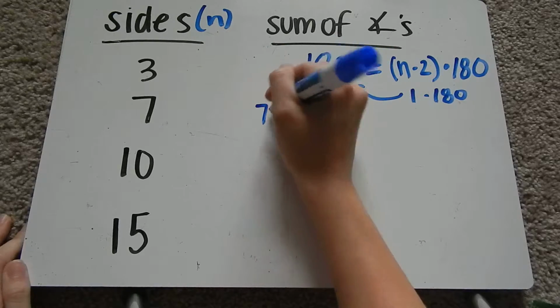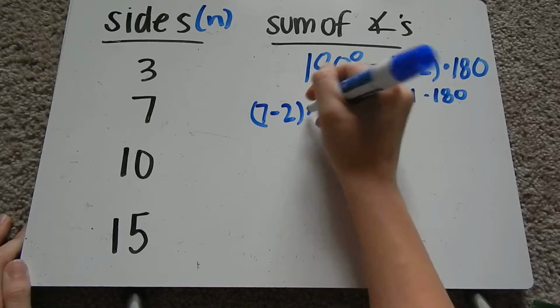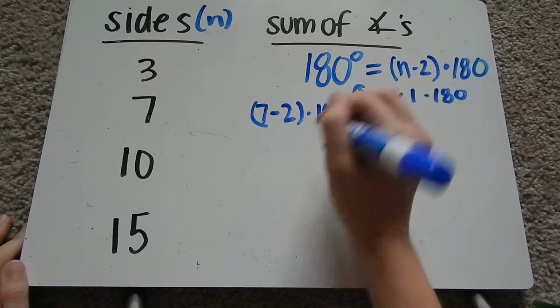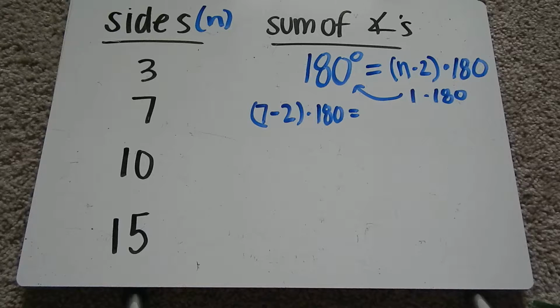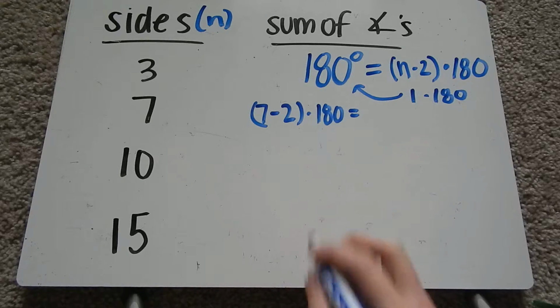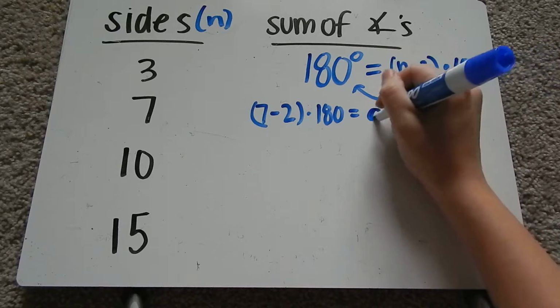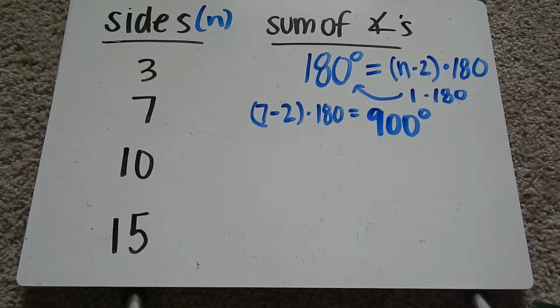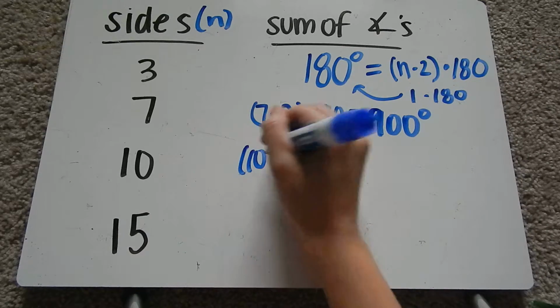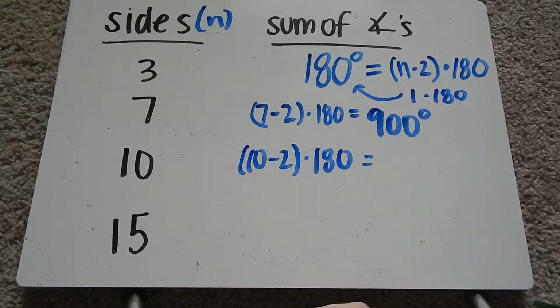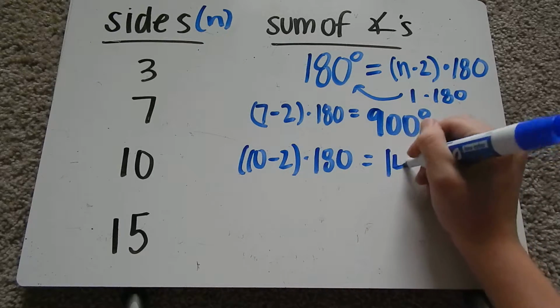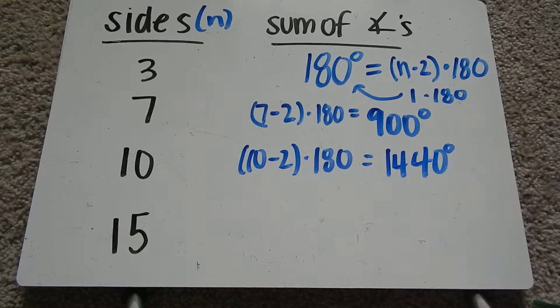Now let's do the same thing with 7. It's going to be 7 minus 2, which is 5, times 180. That will give me the sum of the angles for a polygon with 7 sides. That's going to give me 900 degrees. Then for 10 sides, 10 minus 2 times 180 gets me 1,440 degrees.